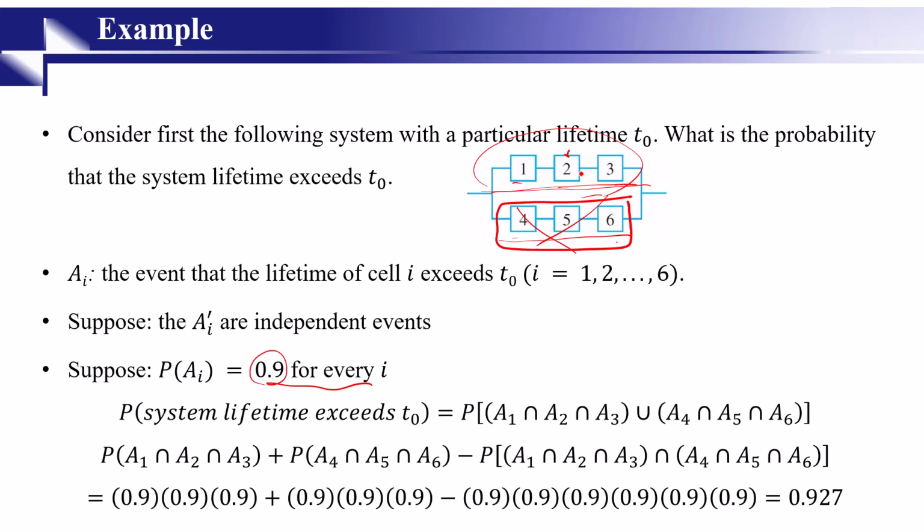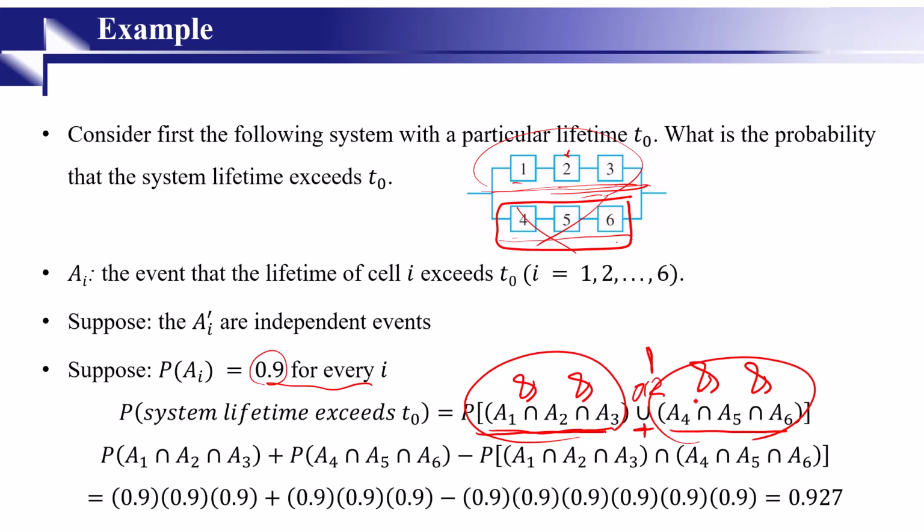So each cell has a 90% chance of lasting past time t0, and if one line is okay, it means the system survives. The probability is P(A1 cap A2 cap A3) plus, this is OR, right? These are AND, right? So I can say AND, OR, AND, right? It means all three should work, but if either of these lines works, it's okay. That's 90% cubed.